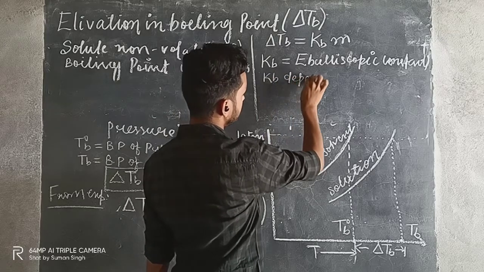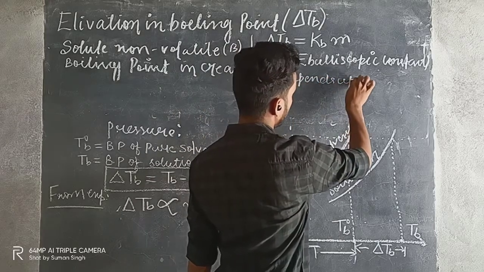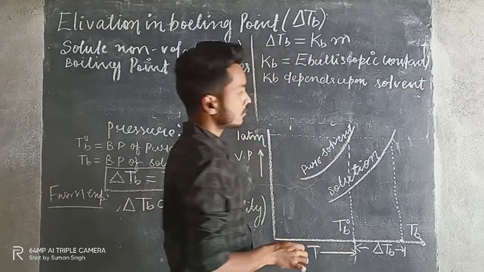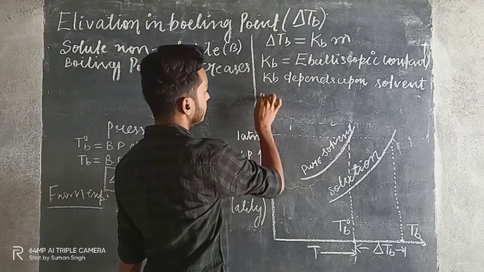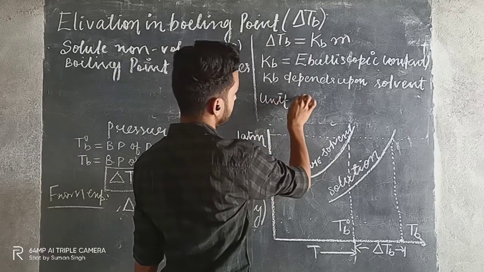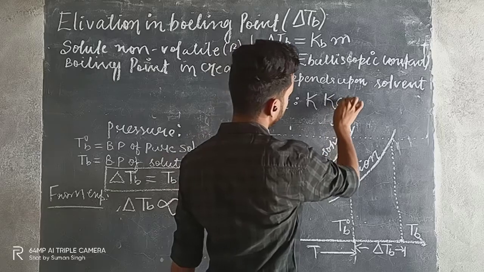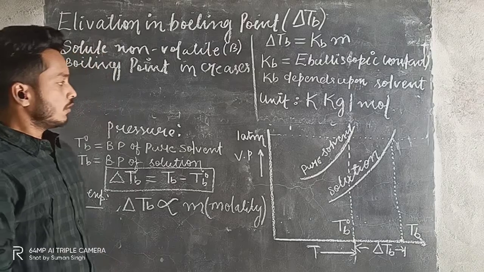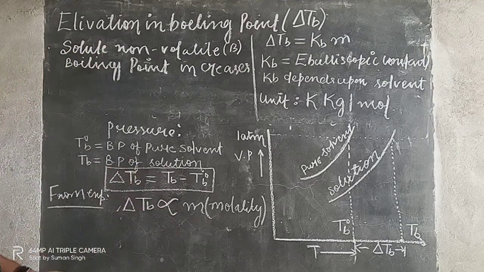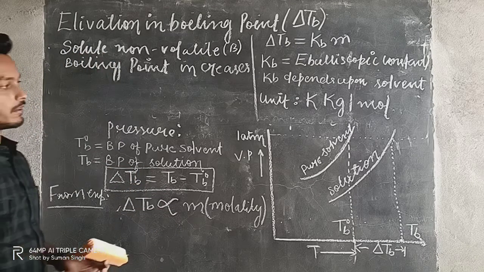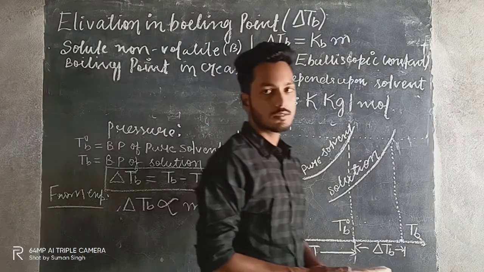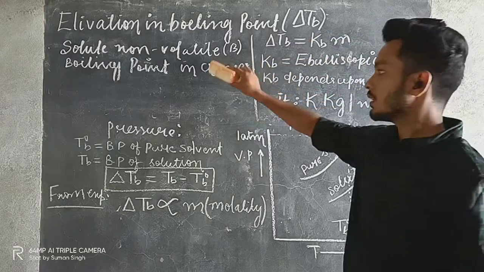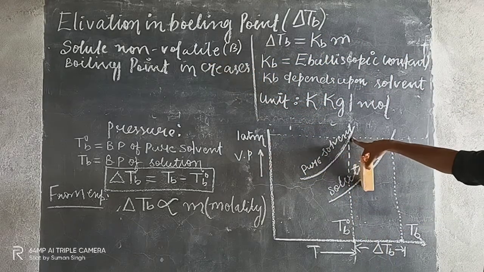Since this KB depends upon the solvent, its unit will be Kelvin kg per mole. So this was all about the elevation in boiling point. With pure solvent, this is the temperature at which it starts to boil.